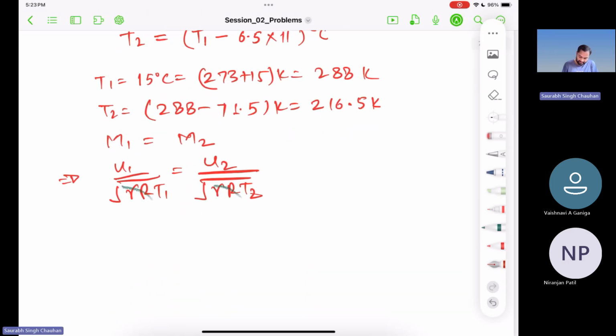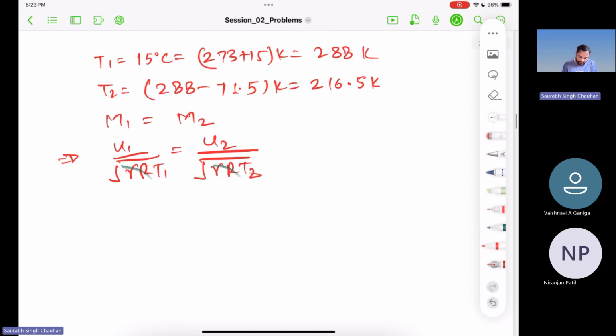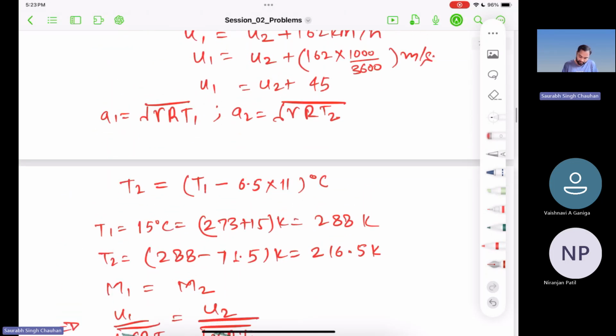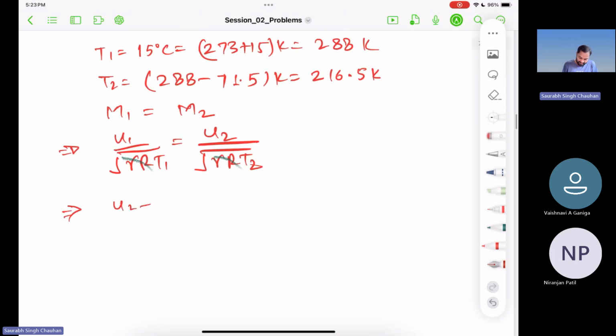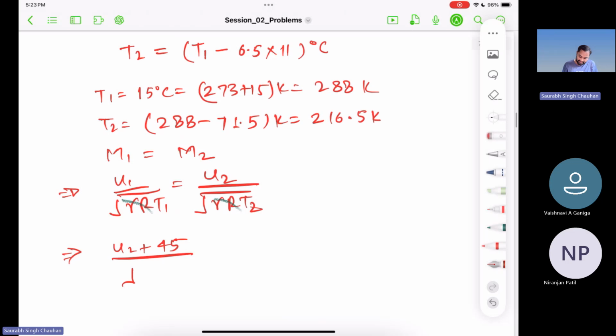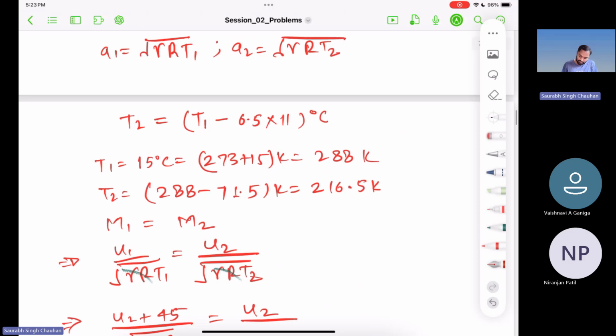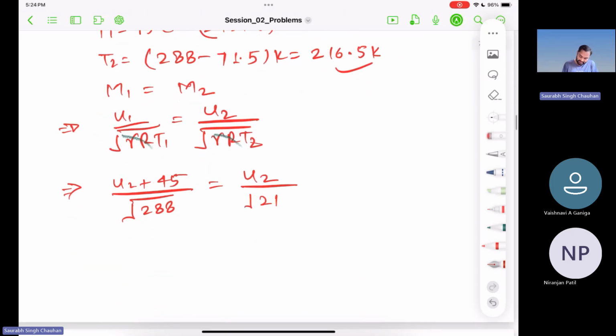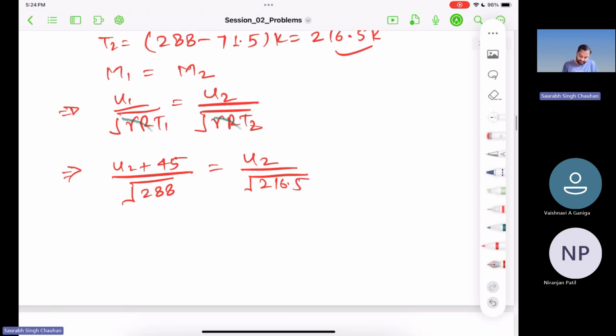So U1 you can write in terms of U2: U2 plus 45 divided by root T1, which is 288 Kelvin, equal to U2 by root T2, which is 216.5 Kelvin. Now you can solve this equation.